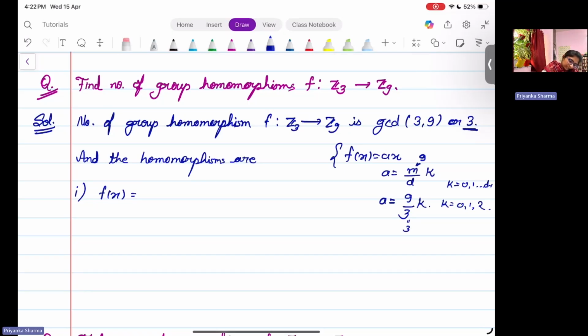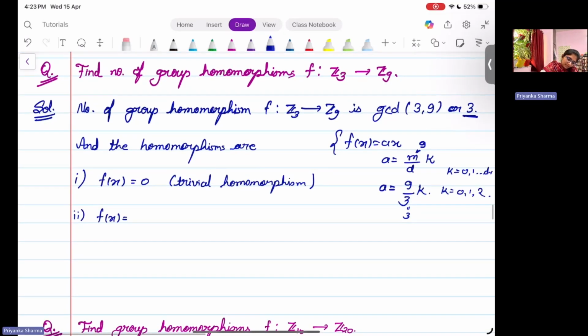So we will have 3 into 0, that is 0. This is the trivial homomorphism. Secondly, we will have f of x is 3 into 1, that is 3x, for all x belongs to Z3.